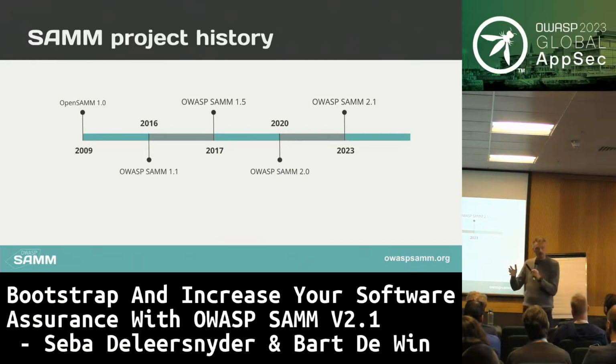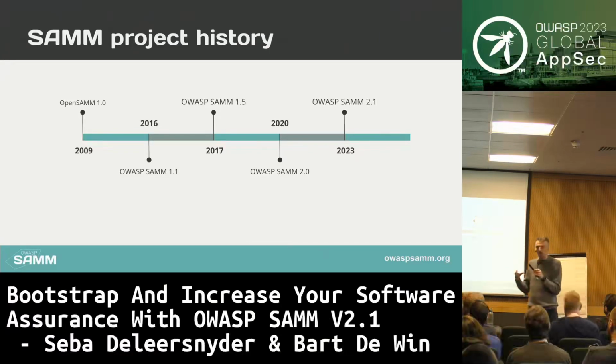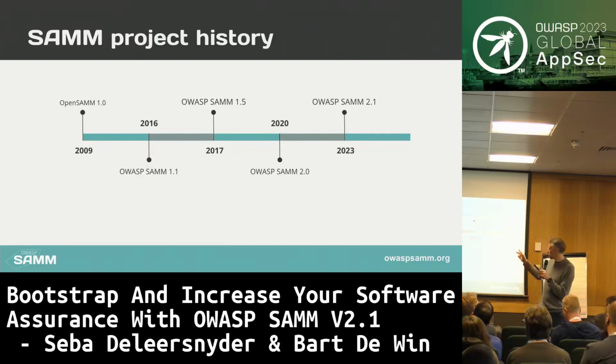It was very obvious that we needed to provide way better support for modern development styles, not waterfall development, but more agile and DevOps development. With versions 1.0, 1.1 or 1.5, it was more difficult. There were some key practices that were really lacking in the model. That's why we defined 2.0, which came out in 2020.